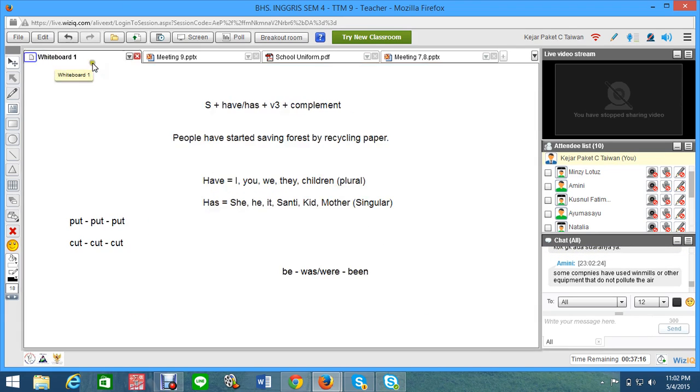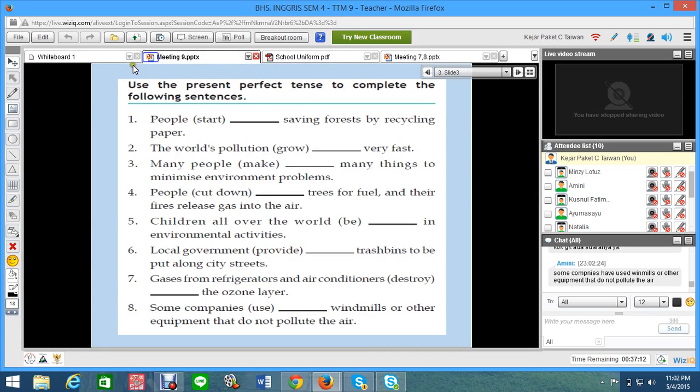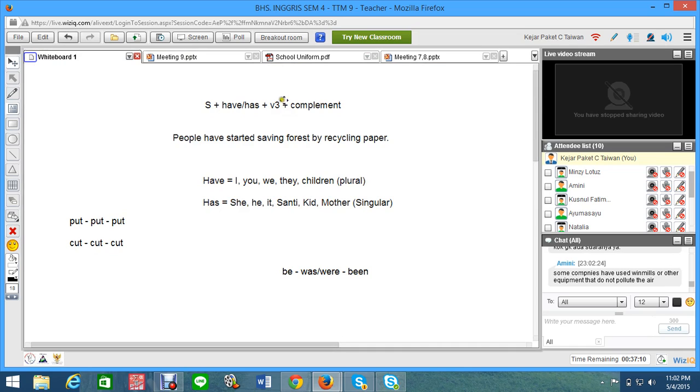Okay, now I have to remind you again, in present perfect tense, you have to use verb 3. If it is regular verb, kata kerja beraturan, berarti kata kerjanya berakhiran d atau ed. But if it is irregular verb, it can be like buy, bought, bring, brought, make, made, like that.